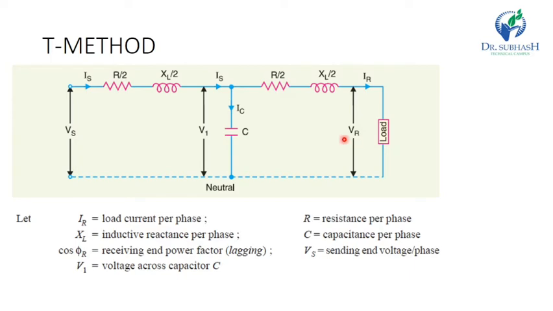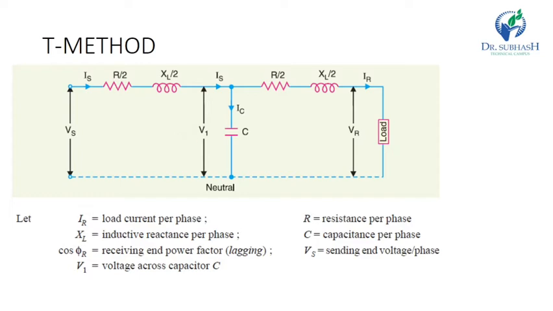In the previous method, the capacitance voltage is equal to the receiving end voltage because the capacitor is nearest to the receiving end side, but in the T method the capacitance is at the midpoint, so the voltage is different and its value is V1.